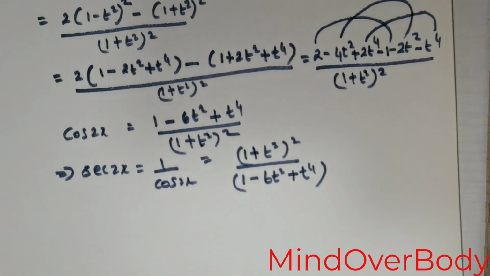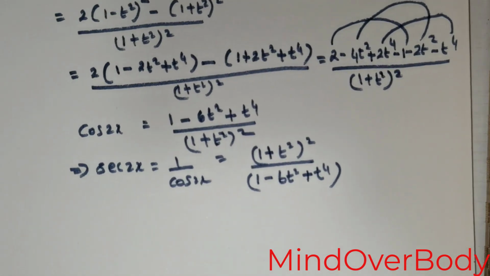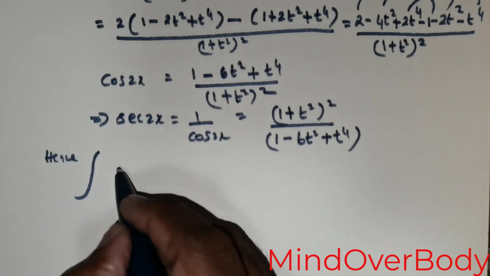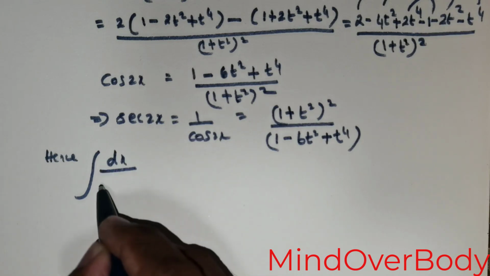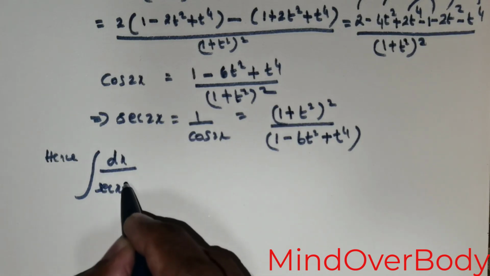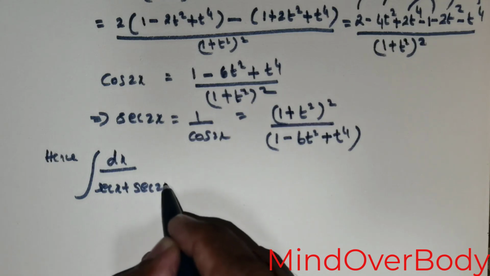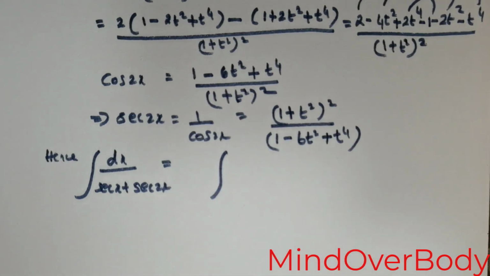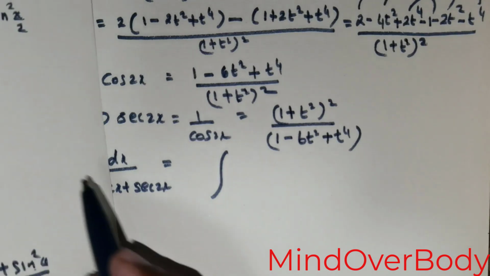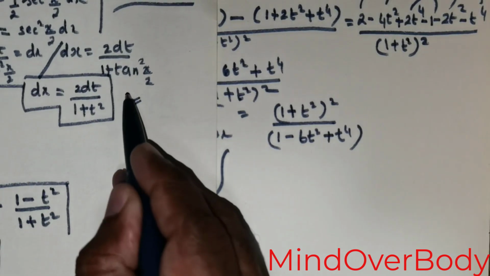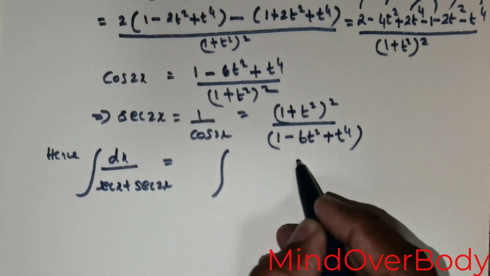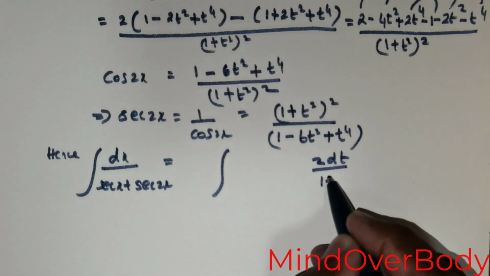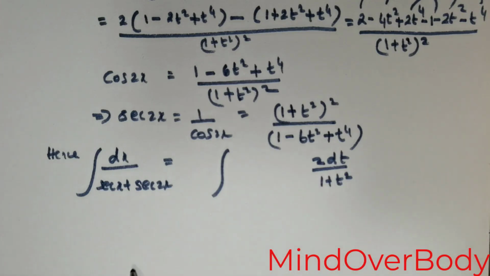So now comes the final substitution and simplification. Hence the final problem: the integral of dx divided by (sec x + sec 2x) is equal to the integral of, now my dx, we have already obtained the value of dx, so let me just place that on the corner: 2 dt divided by (1 + t²).